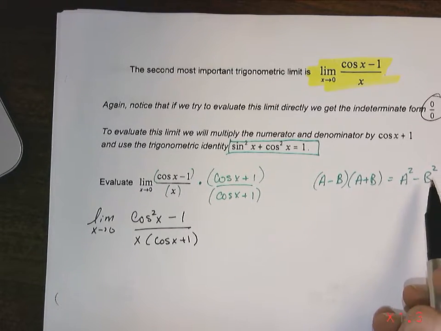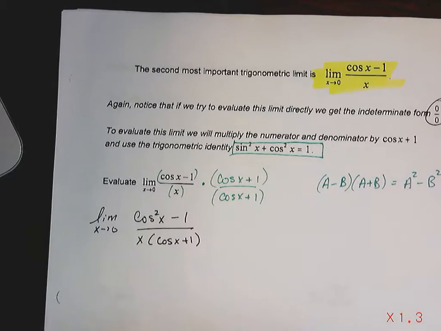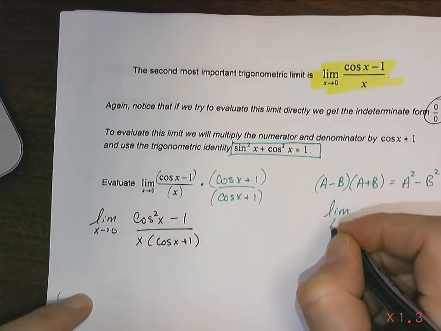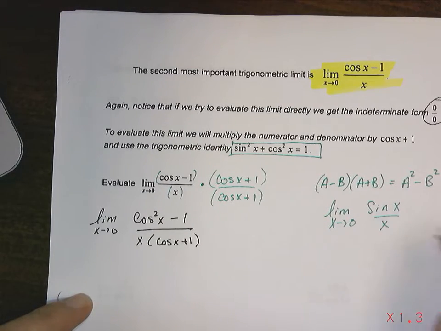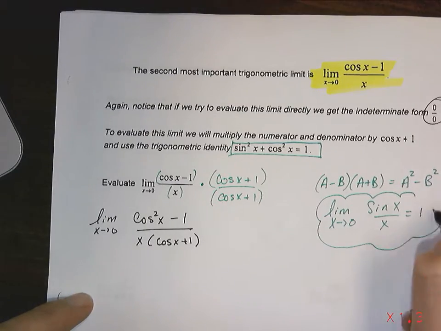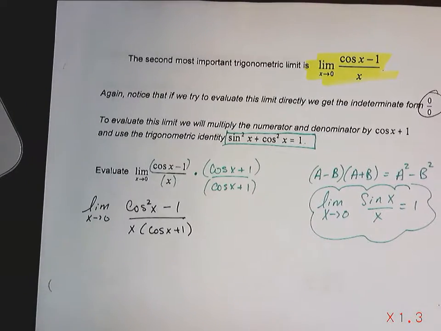It's your choice. Now, looking at this, I say, the only trig limit identity that I absolutely know at all is the limit as x approaches 0 of sine x over x, and I know that that equals 1. So if I could get a sine x over x, with the limit as x approaching 0, I could make it equal to 1.